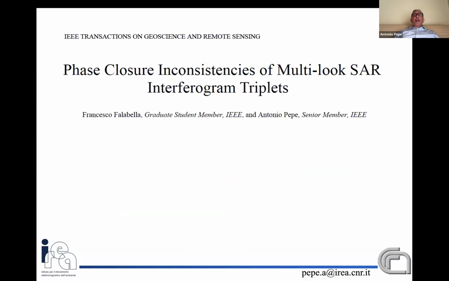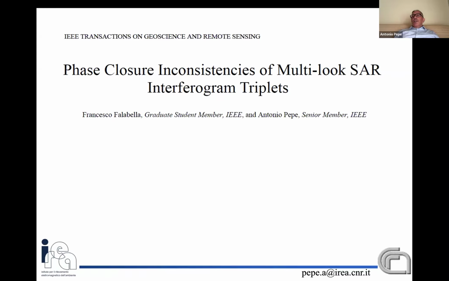Another important topic, but I do not have time to go into details, is to understand the inconsistencies of phase closure, and so to understand the errors due to using very small baseline interferograms in the order of 6 days, 12 days, 18 days.